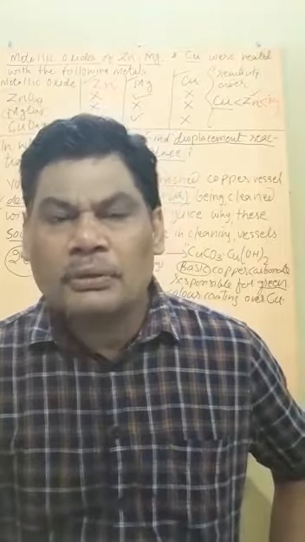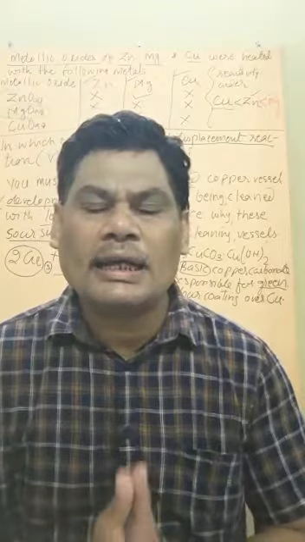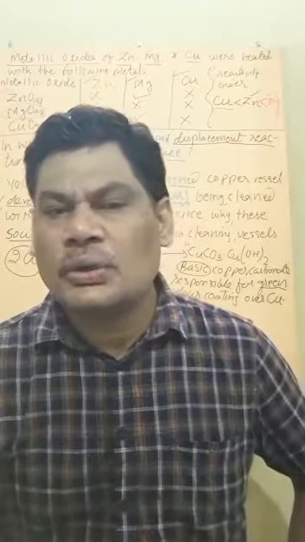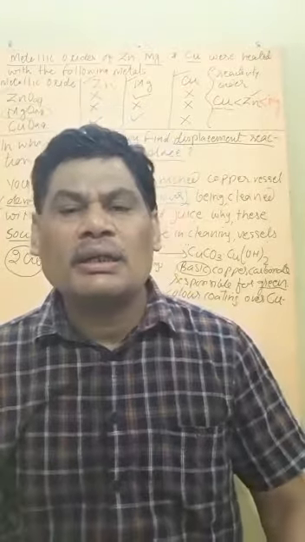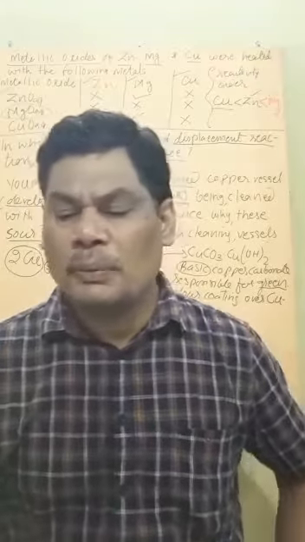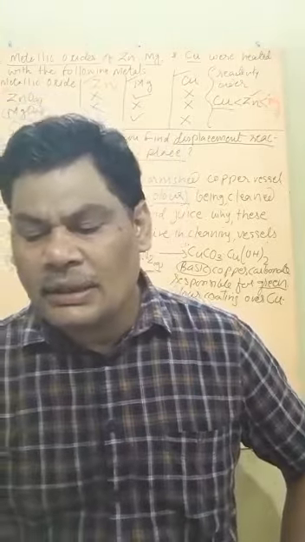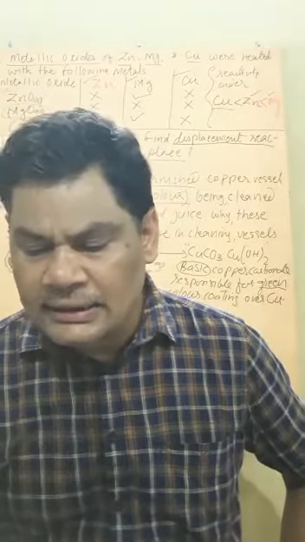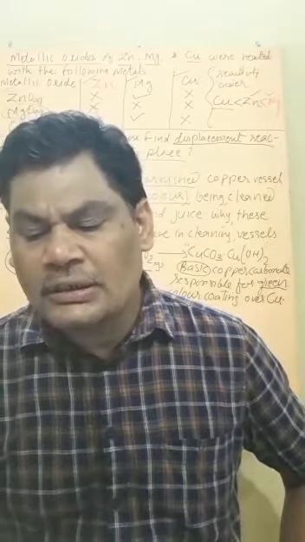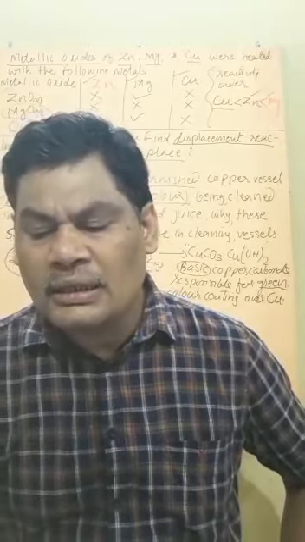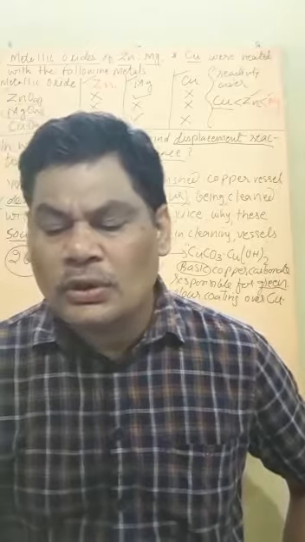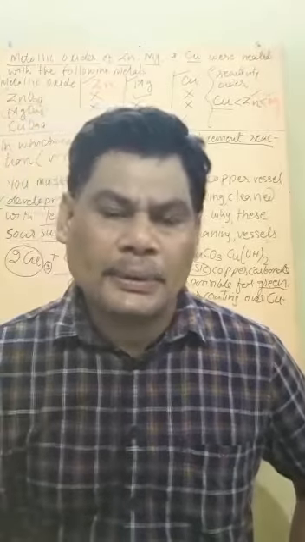If in the question iron and H2SO4 acid are given, you can write the reaction. When iron reacts with H2SO4, it will form ferrous sulfate and will release what? Hydrogen gas.